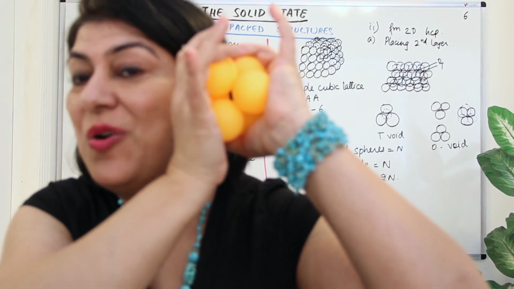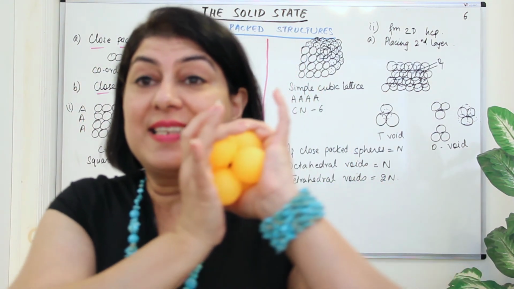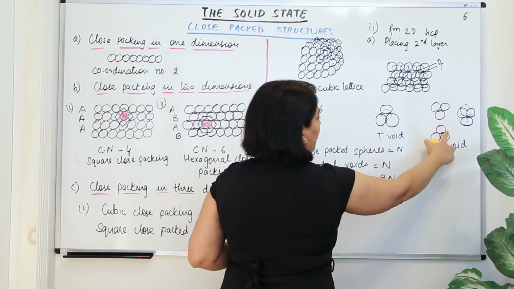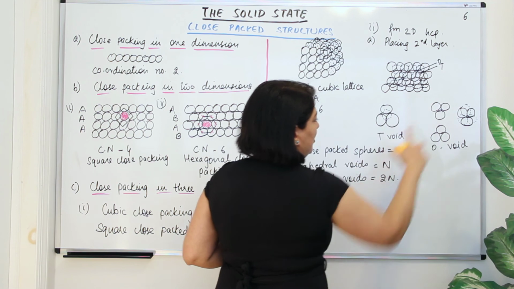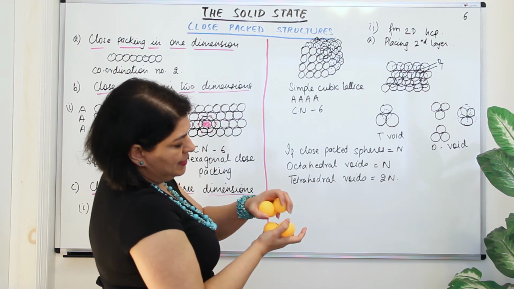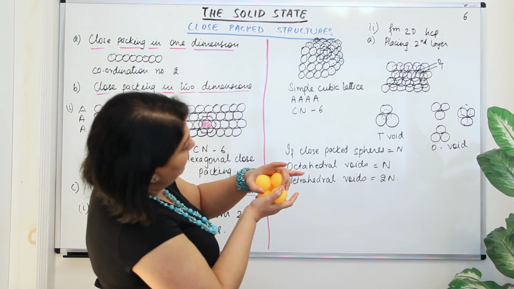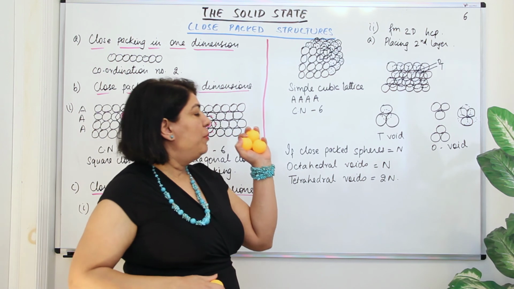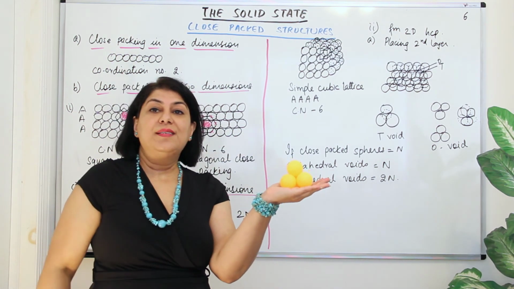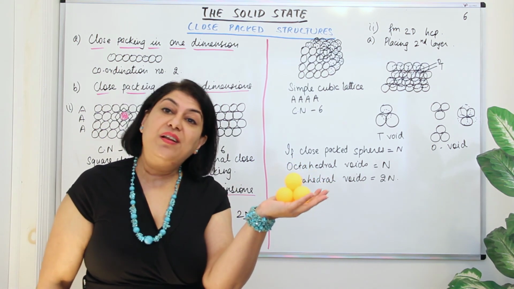So this kind of void, which is formed when you have three balls of the lower layer covered by three balls in the opposite direction, is known as an octahedral void. But if you had three balls in the lower layer covered by one ball in the second layer, it would result in the formation of a tetrahedral void.